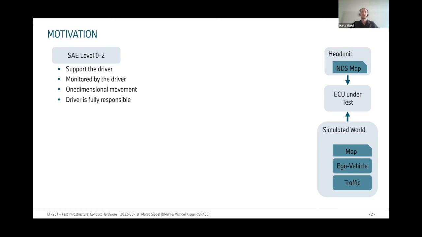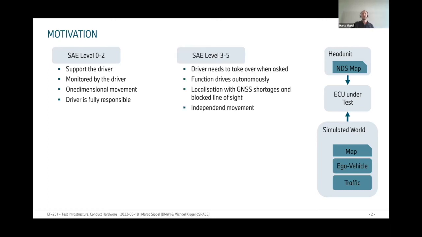But that changes when we talk about higher level functions. The driver needs to take over when he's asked, but in a limited time frame. He has maybe about 10 seconds, and then he needs to take over. But imagine you are driving at 100 kilometers an hour: in 10 seconds, you drive quite a long way.